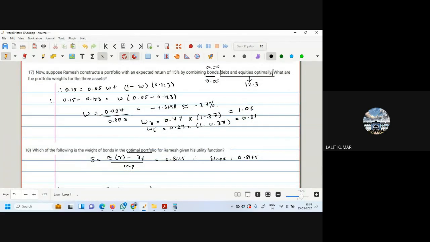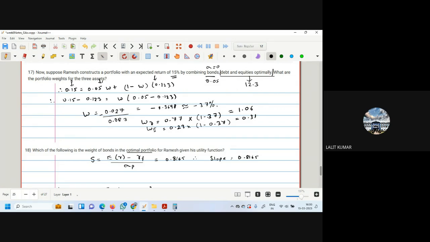Now what they say is that now suppose Ramesh constructs a portfolio with an expected return of 15% by combining bonds, debt, and equity. They are saying that now they will combine everything. So what are the portfolio weights for the three assets? So how do you solve this? So 0.15 will become weight of risk-free and 1 minus W into the risky asset.